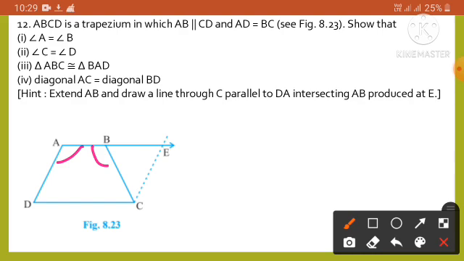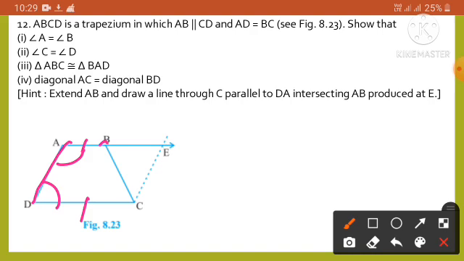Okay, so we got the first. Now AB parallel to CD here, and AD is a transversal. So angle A plus angle D is equal to 180 degrees, co-interior angles.